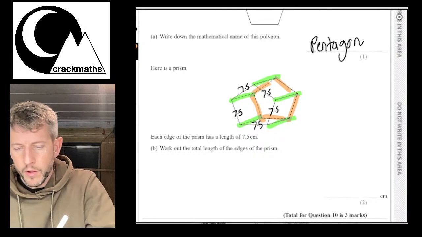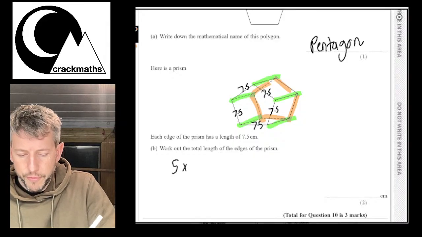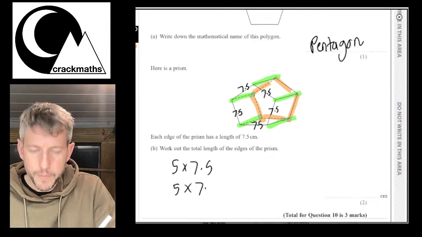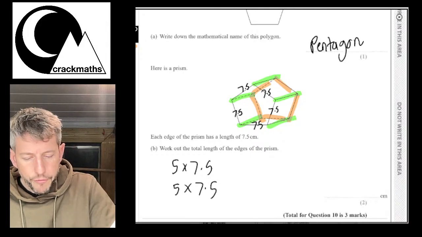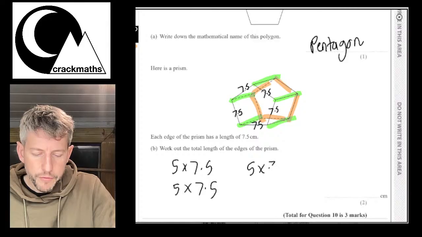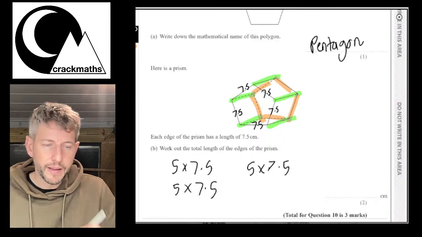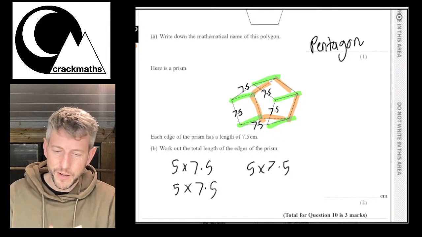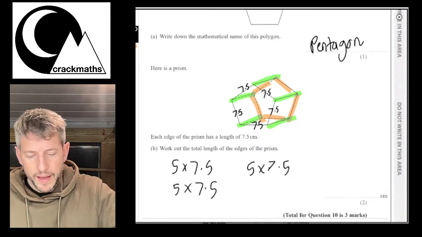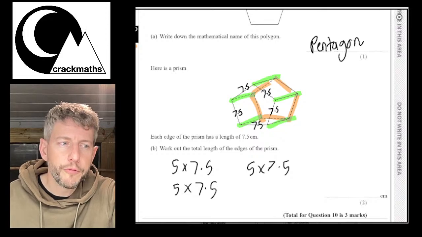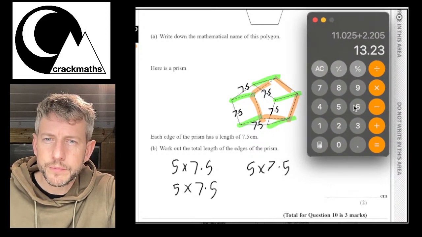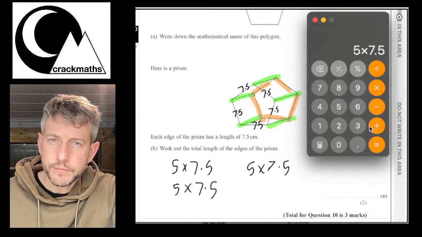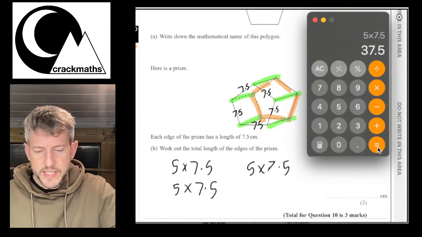We've got 5 lots of 7.5 at the front. We've got 5 lots of 7.5 in the middle. And we've got 5 lots of 7.5 at the back again. So we've got 7.5, 5 times, 3 times. Okay, so let's work that out. So 5 times 7.5, I'll get the calculator out. 5 times 7.5 is 37.5.